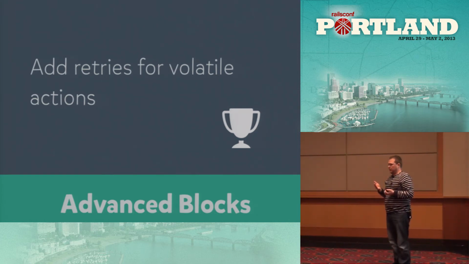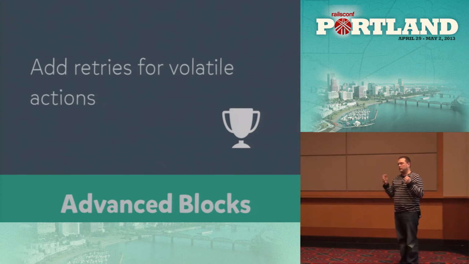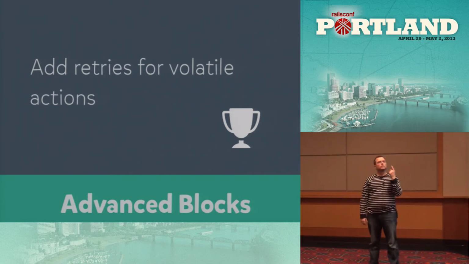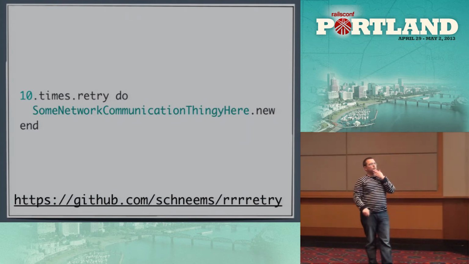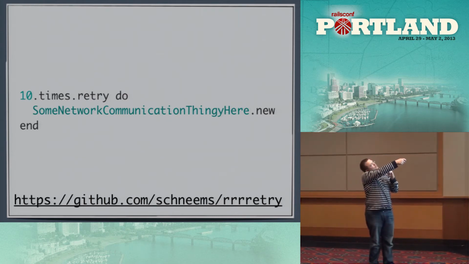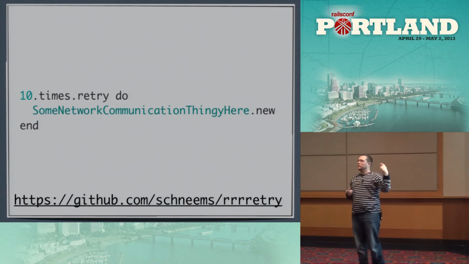Sometimes you have to be like, okay, execute this code, and then it fails, and you're like, no, really execute this code, and then it fails. And so Richard Schneems, who's here and just got married, created a cool gem called RiverRetry, and it adds a method. So you can say how many times you want it to retry, like 10 times, and then you pass a block to it.